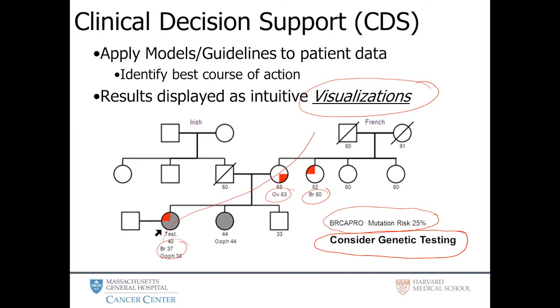So by putting data into a computer, by producing a visualization like a pedigree that makes it easy to look at that particular family structure, by running models that can then tell you the risk of mutation, and then using guidelines to identify that this person needs genetic testing, as an example, are methods of clinical decision support. It's the ability to have the computer help you do your job better, not by replacing humans, but by making them more effective in what they're trying to do.